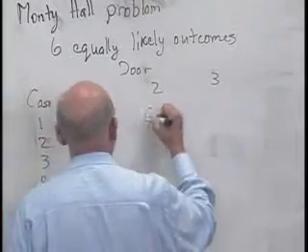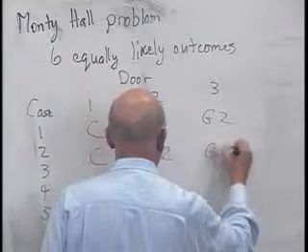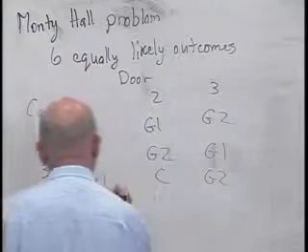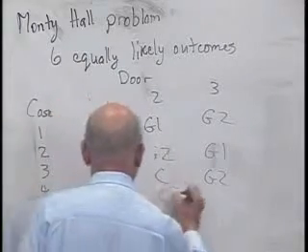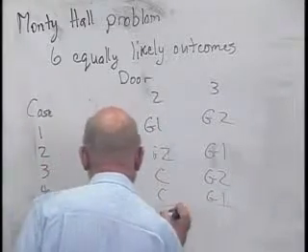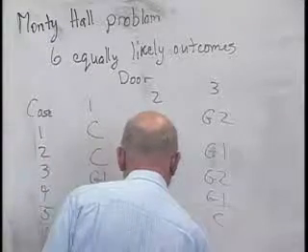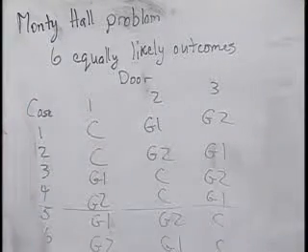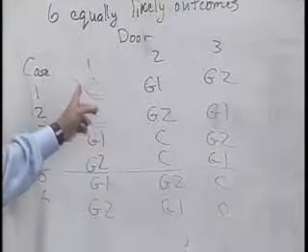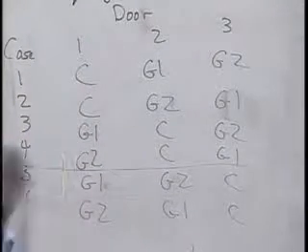So we've got car, small goat, large goat; car, large goat, small goat; large goat, car, small goat; and so on. If the network is playing fair with this game show, each of these should be equally likely when the game starts. If you don't accept that, you've got no business doing probabilistic reasoning about this.